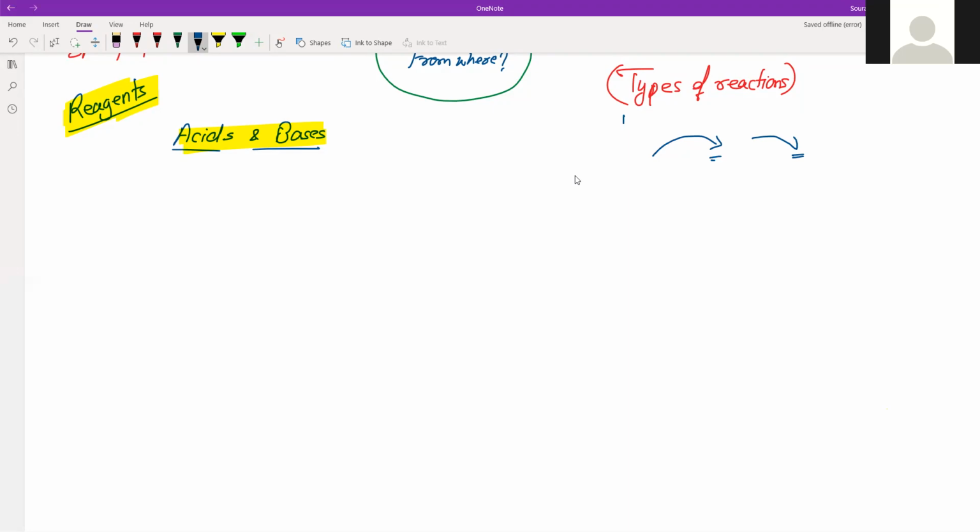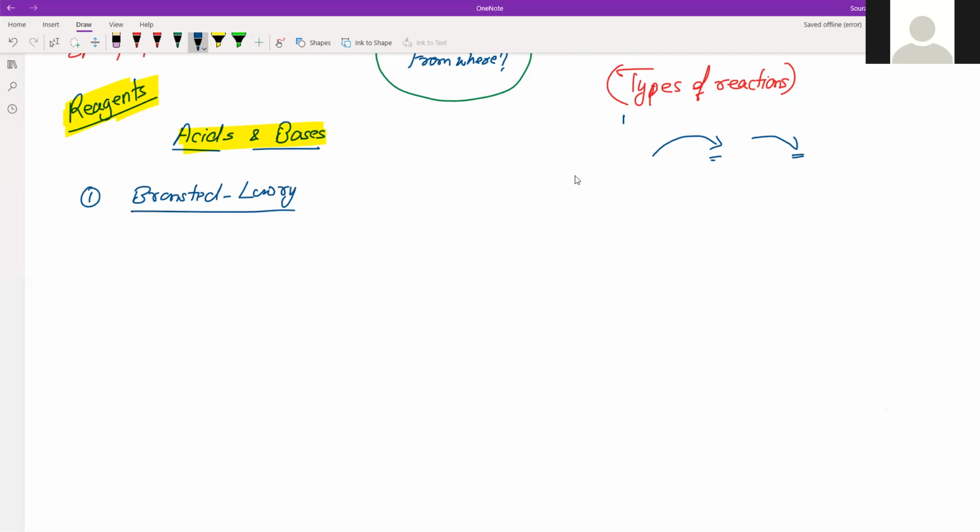So the first definition of acid and base is given on the basis of Bronsted-Lowry acids and bases. These are the names of two scientists, Bronsted and Lowry.